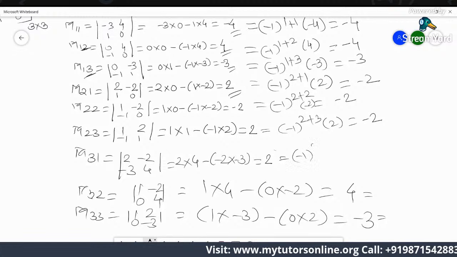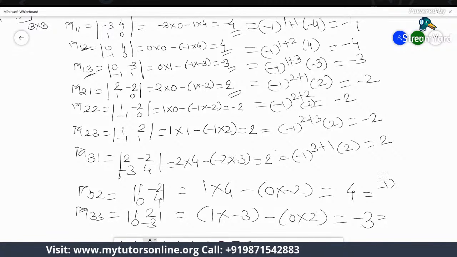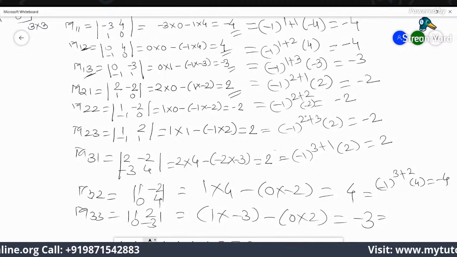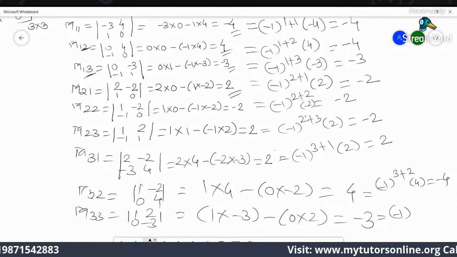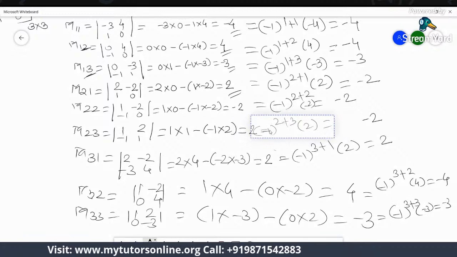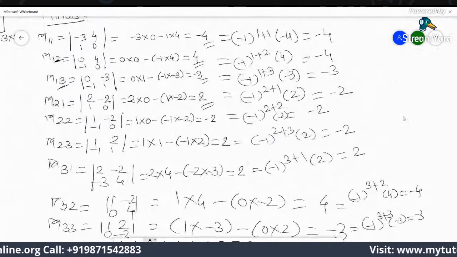Again, minus 1 raised to 3 plus 1 into 2. It is the same. Minus 1 raised to 3 plus 2 into 4. It is going to be minus 4. Minus 1 raised to 3 plus 3, third row, third column, into minus 3. It is going to be minus 3. These are our cofactors.